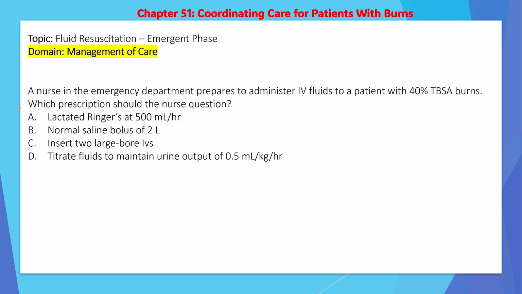Which prescription should the nurse question? A. Lactated Ringer's, the LR, at 500 ml per hour. B. Normal saline bolus of 2 liters. C. Insert 2 large-bore IVs. D. Titrate fluid to maintain urine output of 0.5 ml per kilogram per hour.